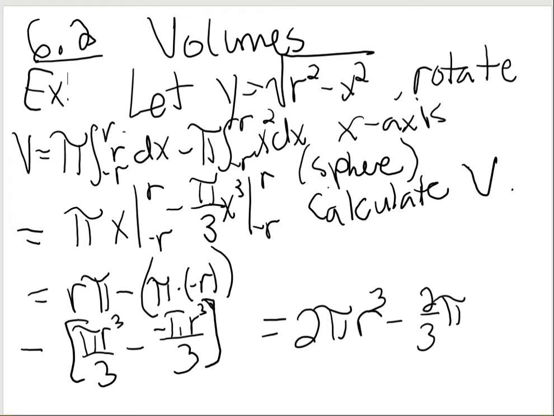Sorry, there should be an r squared there. My apologies. 2/3 pi r cubed, which equals 4/3 pi r cubed. So it does agree that the volume of this shape is the same as the sphere, like we would expect it to be, which is 4/3 pi r cubed.